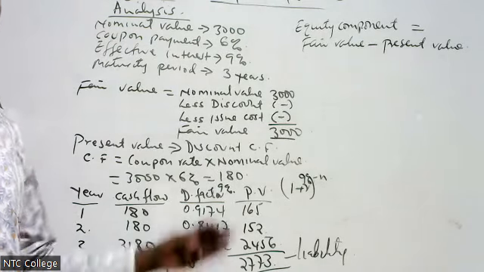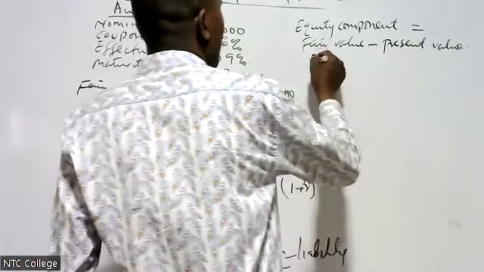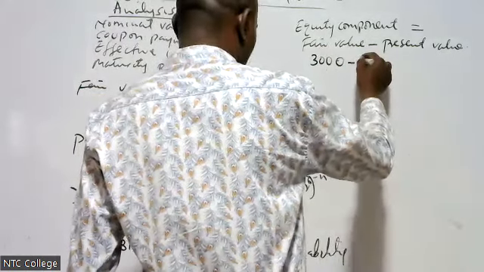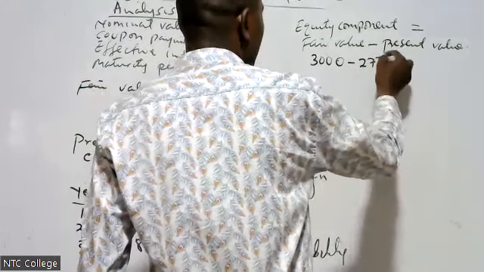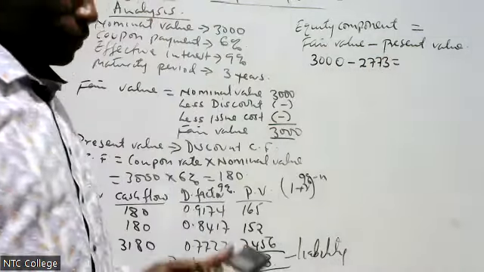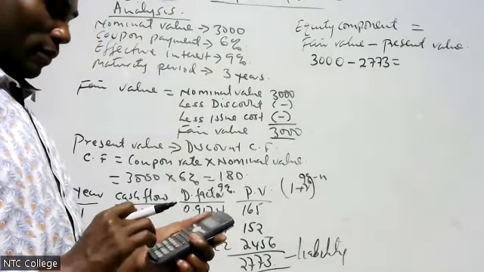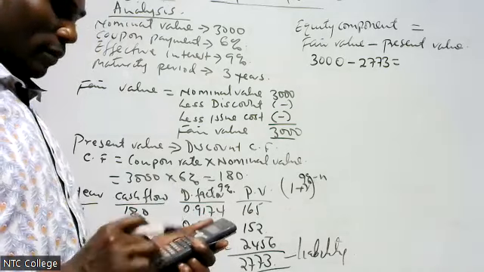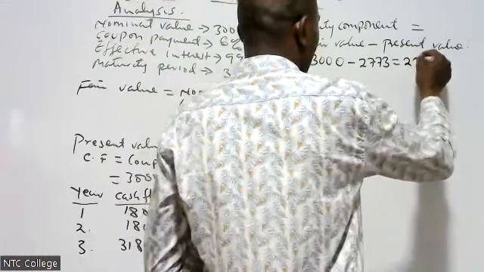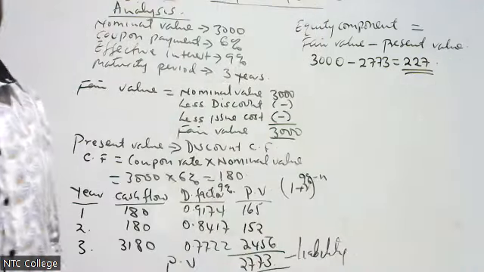What was my fair value? 3 million. What is my present value? 2773. Therefore, what is the difference? 227. Therefore, that is the equity component in that.